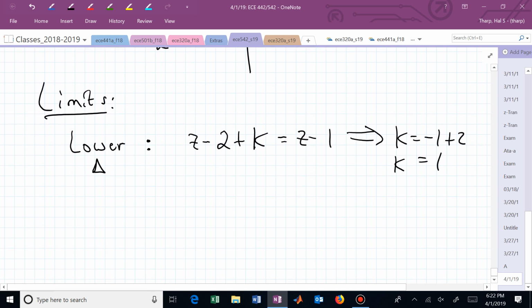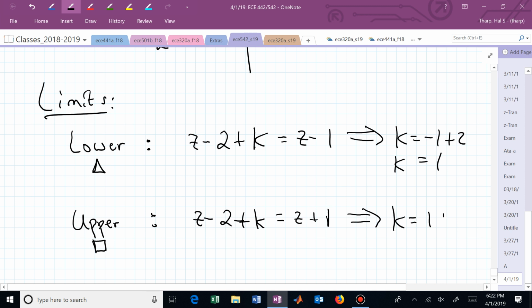The upper limit, which was our box, says we have now z minus 2 plus k equaling z plus 1, or when the right-hand side has a value of z vanishing, of -1.